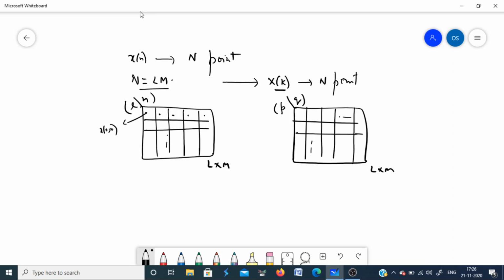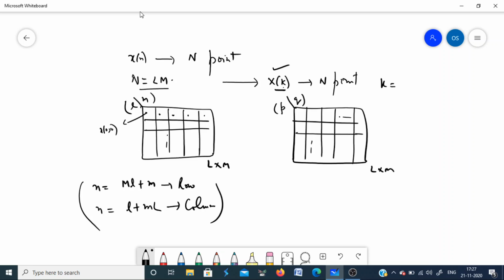In the input data we have seen that the mapping is n is equal to Ml plus m for row wise, and it is equal to l plus m into capital L if you store the data column wise. Similarly for the output you have the same relation, but now it is the relation between k and p, q.